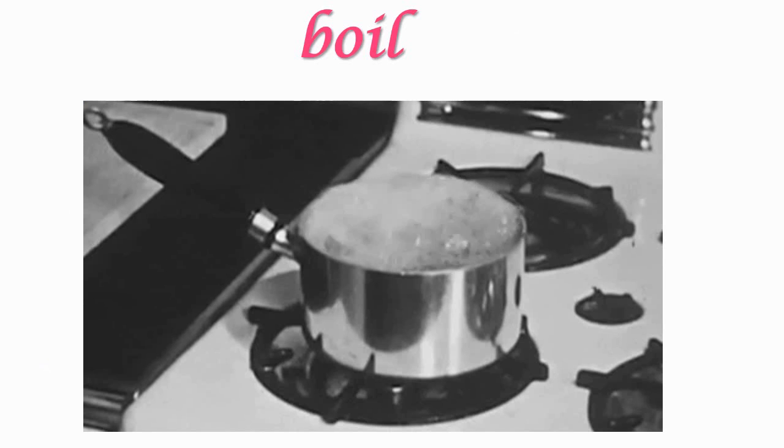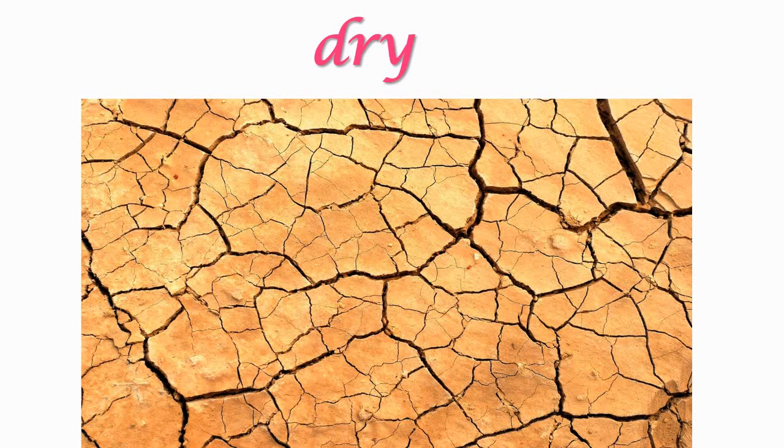Now students, I will show you pictures of some new words. Number 1, boil. As you can see in this picture, boil means what? Just now I told you, boil means reach the temperature at which it bubbles and turns to vapor. Next picture is of dry.